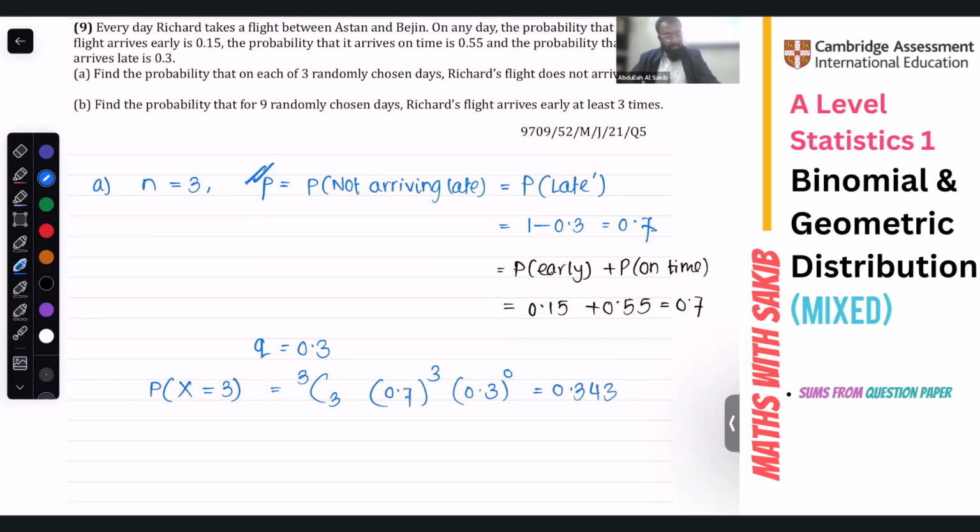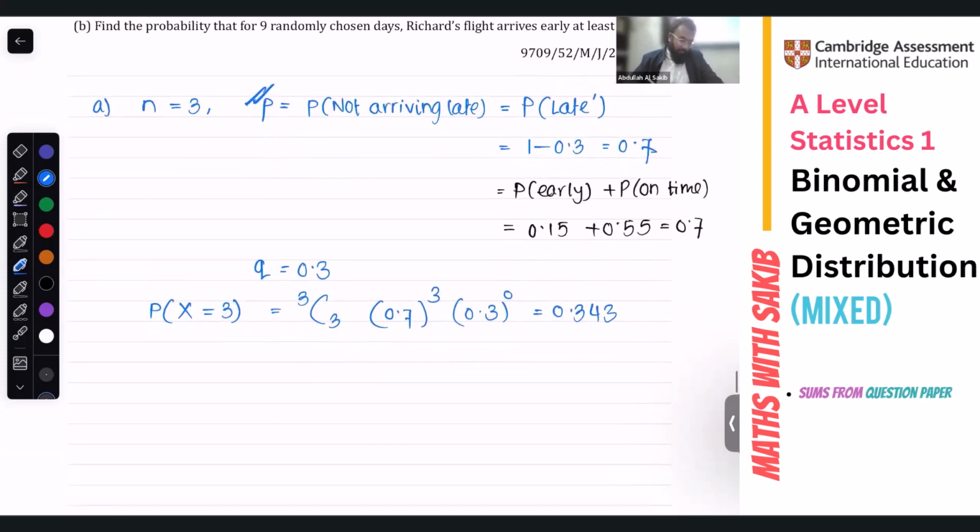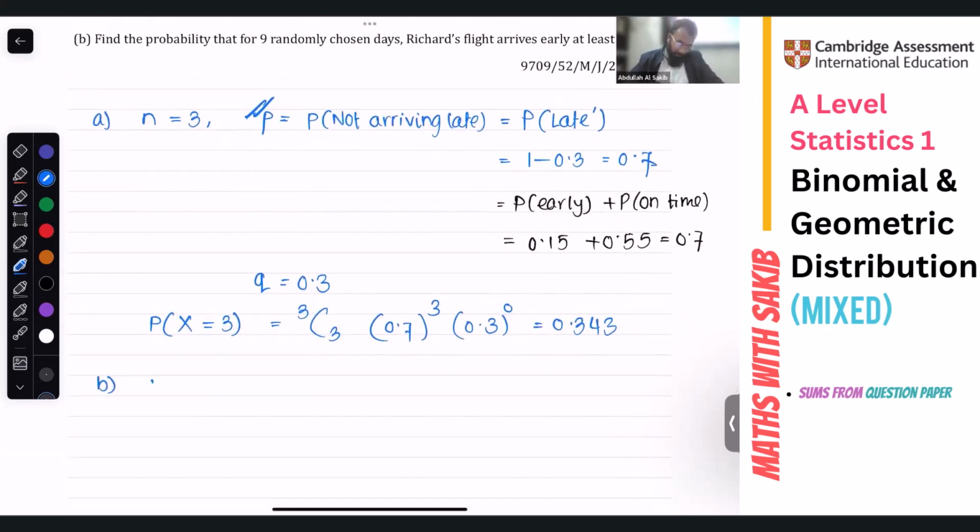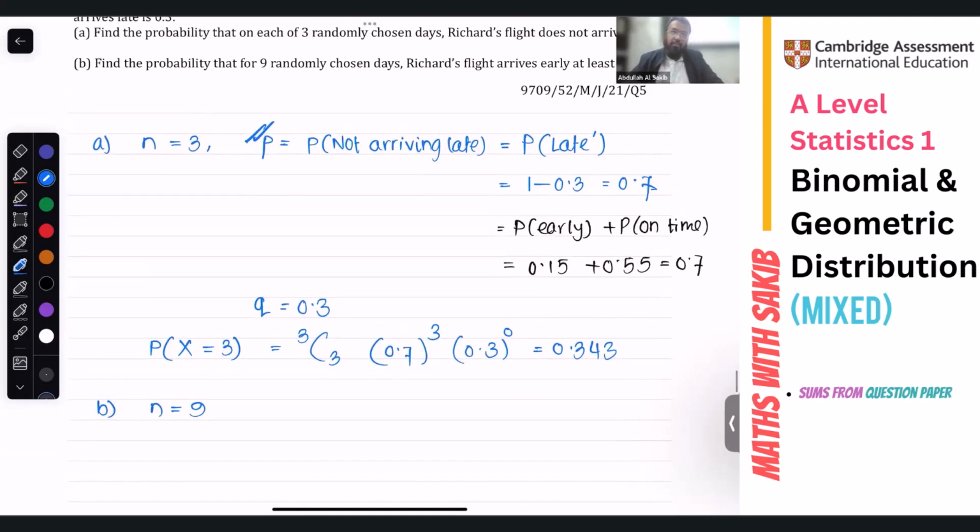Find the probability that for 9 randomly chosen days, Richard's flight arrives early at least 3 times. For 9 randomly chosen days, what type of maths is it? Binomial, n equal to 9. Richard's flight arrives early, so the probability of success is arriving early, that is 0.15.